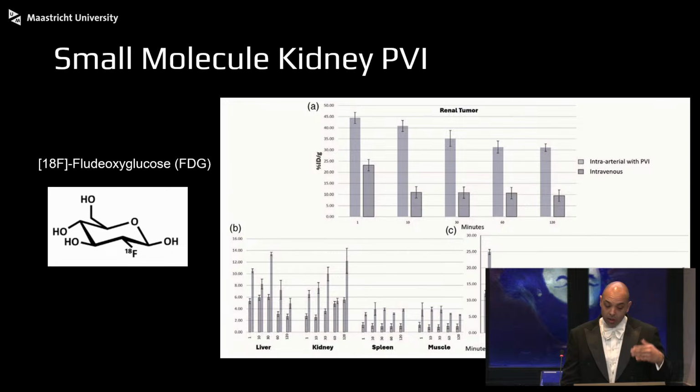So we repeated this for a small molecule, something with a small number of atoms, basically a sugar that's used in PET imaging. Again, we have a similar outcome here. About 45% of what we injected went to the tumor within the kidney. And again, we had a smaller amount of systemic distribution.